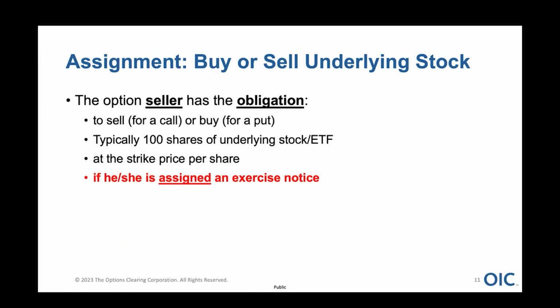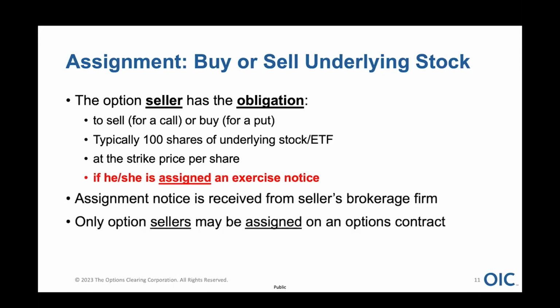Somebody who sells an option, whether it's a call or a put, now has the obligation to either sell 100 shares of a particular stock or ETF in the case of a call, or buy 100 shares of a stock or ETF in the case of a put, at their strike price should they get assigned. If you're short an option and you get assigned, you would receive an assignment notice from your broker.